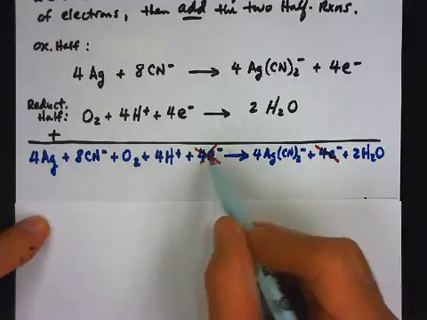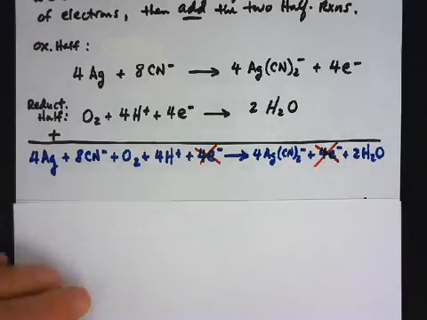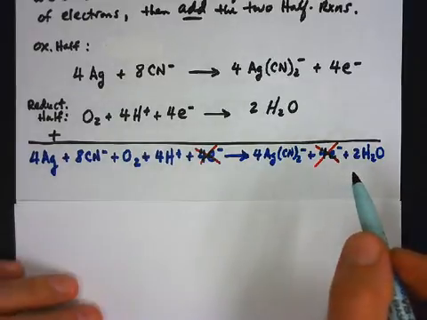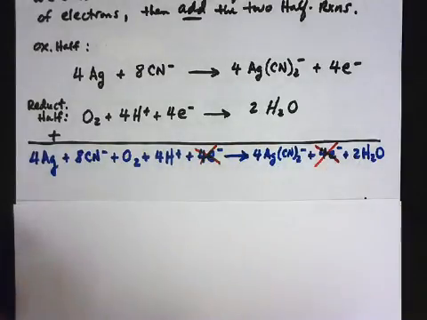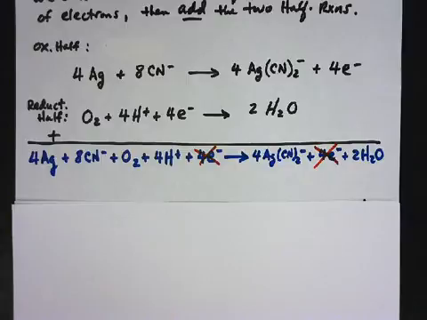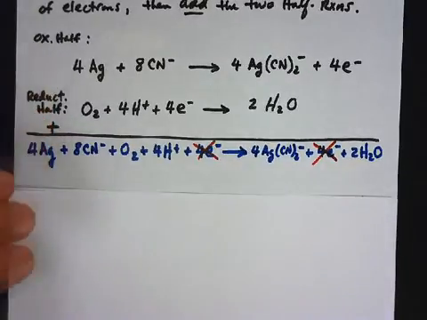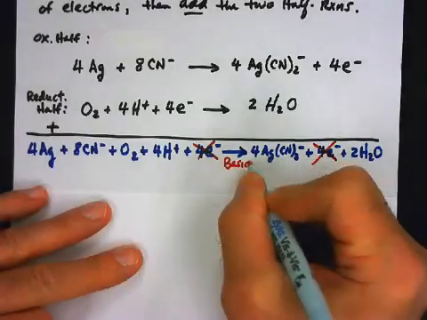We've gotten rid of our electrons, basically subtract 4 electrons from each side. And what about anything else? Can we simplify? I don't see anything that can be combined to simplify it at this point. So that looks pretty good so far. Now remember, I said that this is in a basic solution.